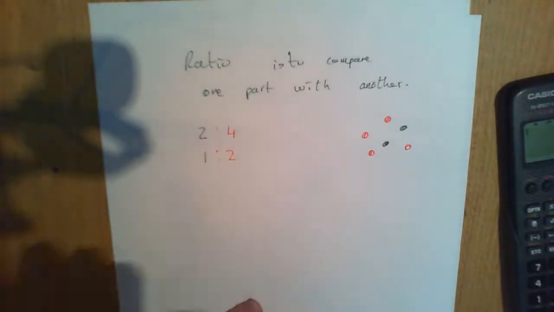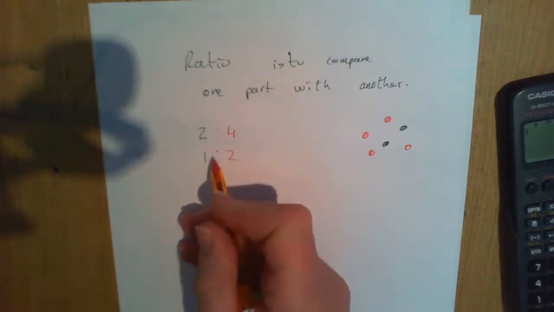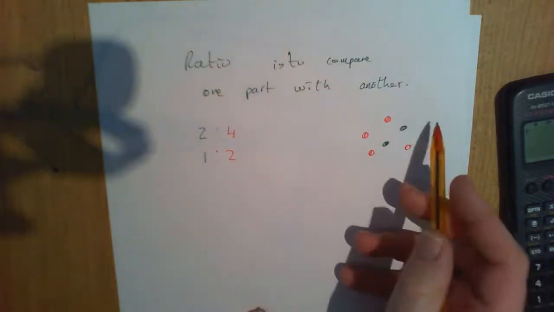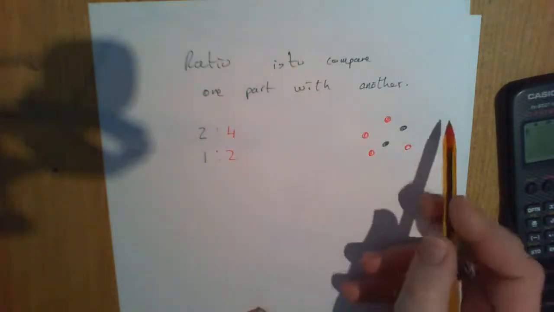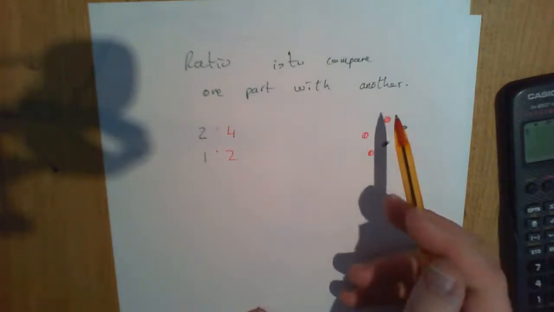This is. Thirdly, the sum of the ratios will have a relationship with the total number in the set or the collection that you're talking about.